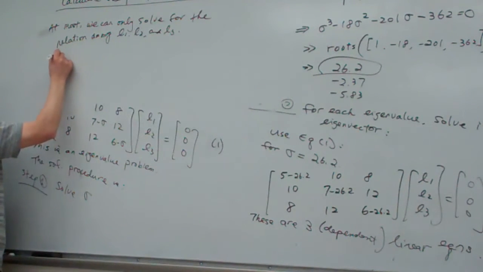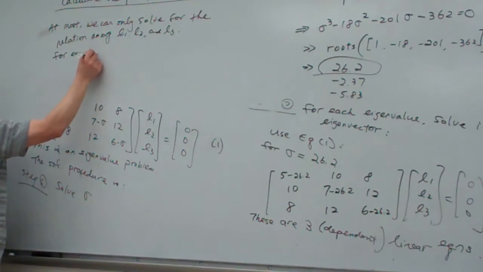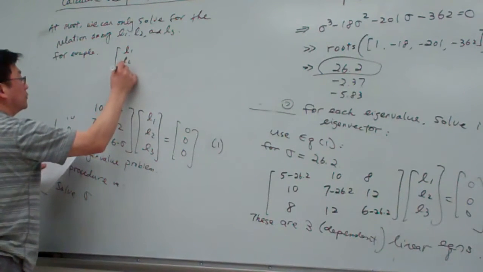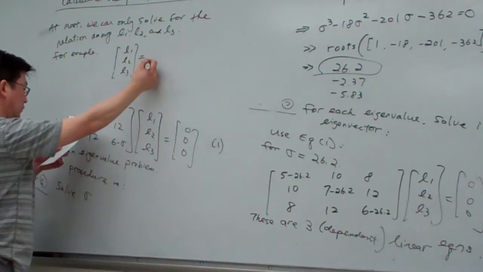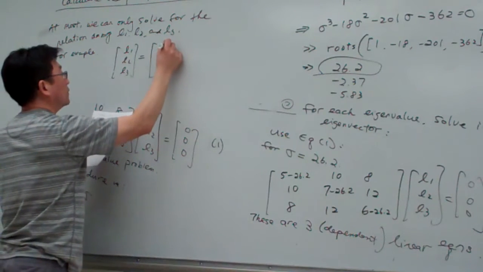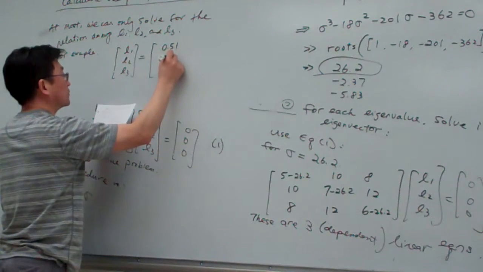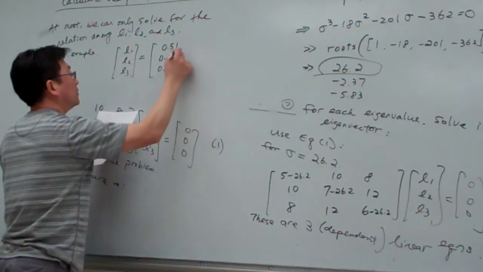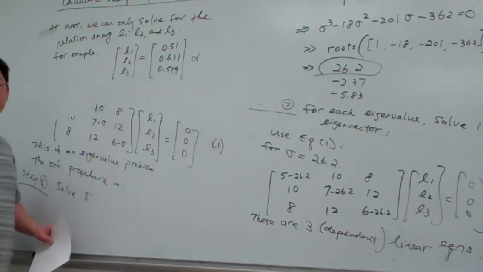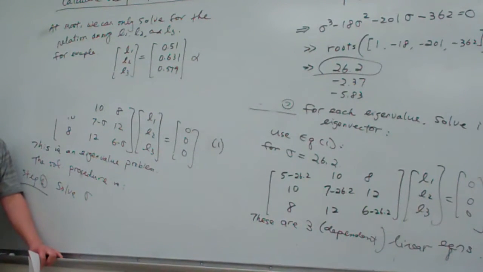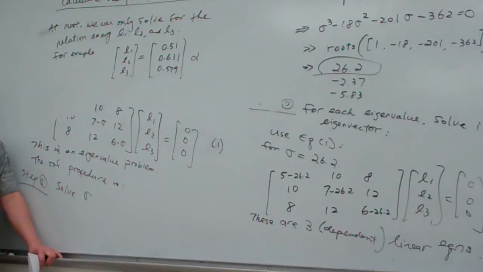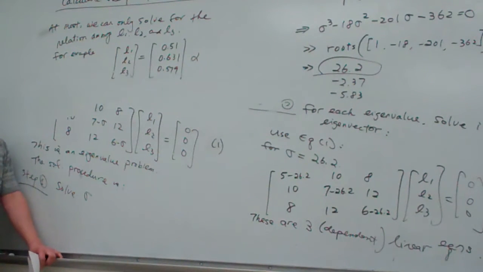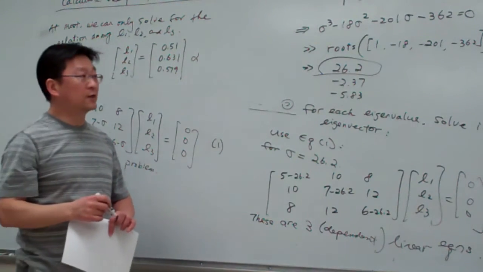For example, L1, L2, L3 will be equal to 0.51, 0.631, and 0.579 times alpha, where alpha is a certain constant. We don't know it, but at least this gives us the ratio between the 3 scales. So that means we have solved for the first one.